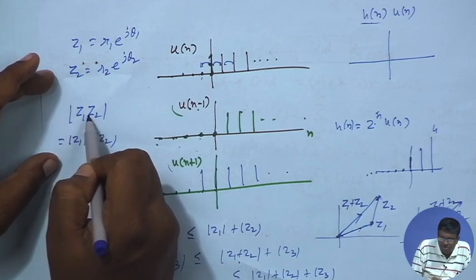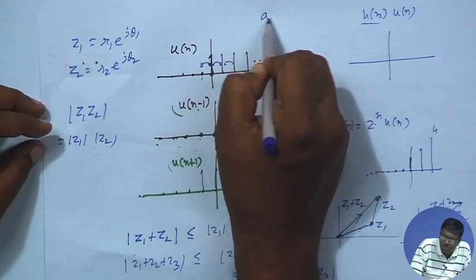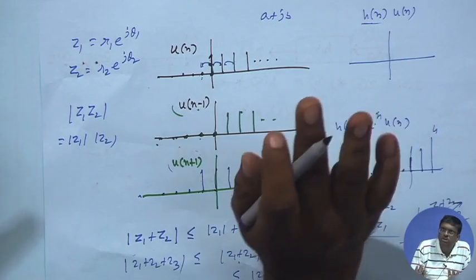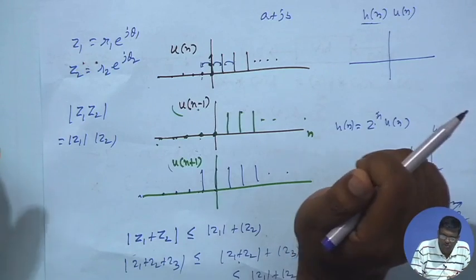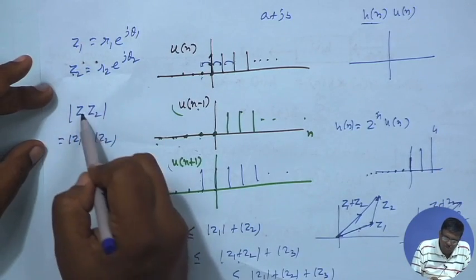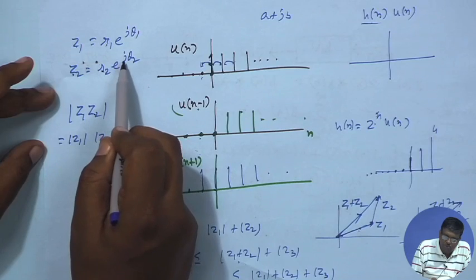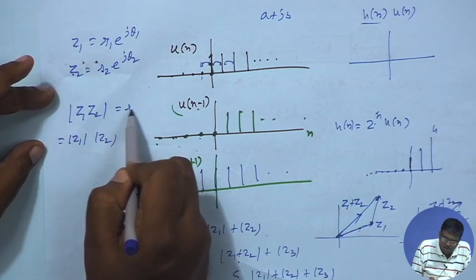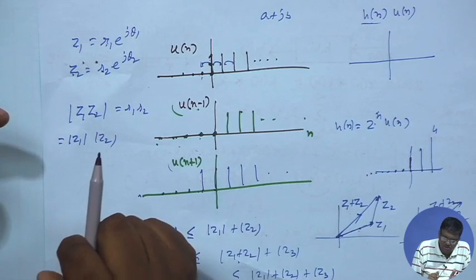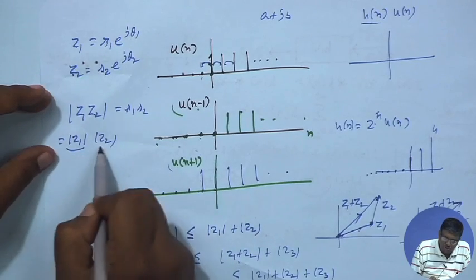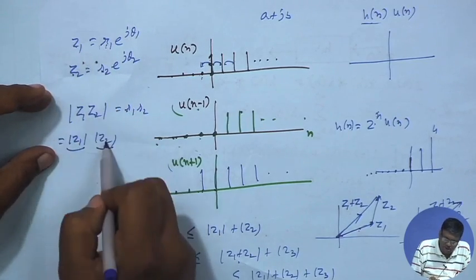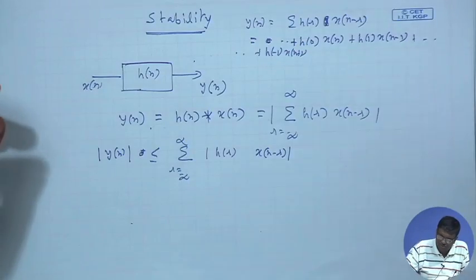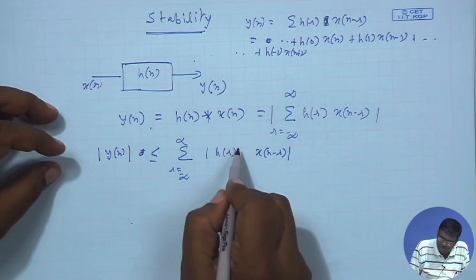Whenever addition comes, choose the rectangular form, a plus jb kind of form, for representing a complex number. Now, Z1 Z2 will be R1 R2 and e to the power j theta 1 plus theta 2. So, mod of that will be R1 R2, the magnitude part. But R1 is mod Z1, R2 is mod Z2. So, this is satisfied. Therefore, mod of the product is the same as product of the mod.